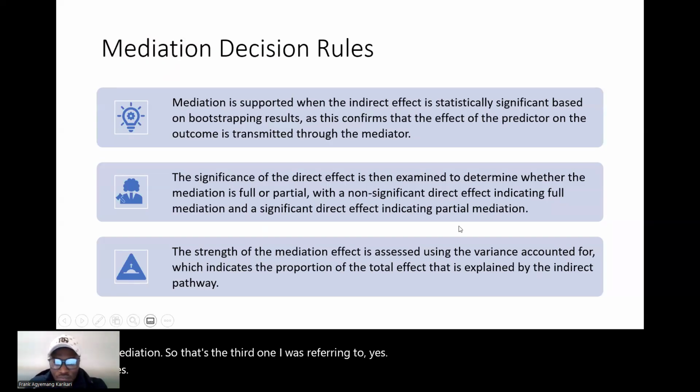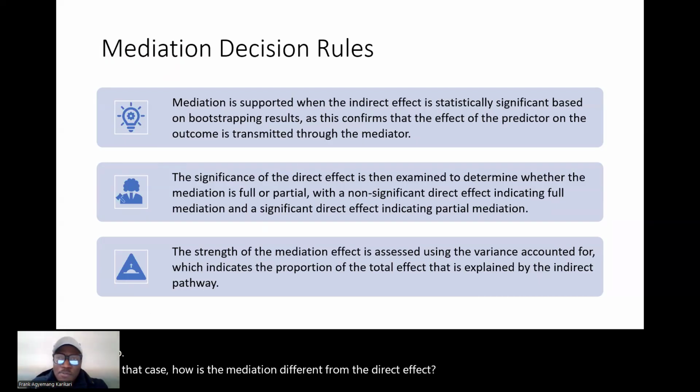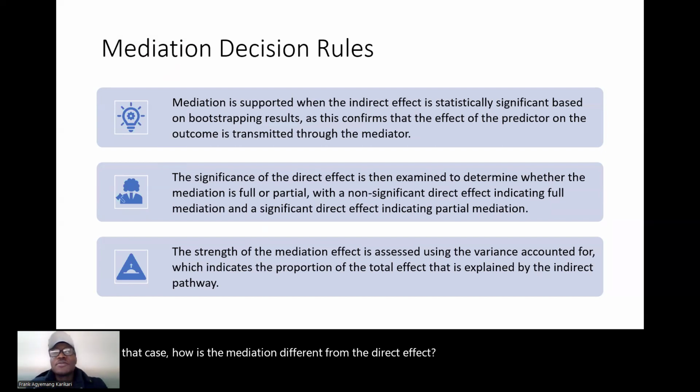So in that case, how is the mediation different from the direct effect? When the third case happens, where the mediation is not significant at all, you have to explain why it is not significant. With research, you expect to get significant output, right?